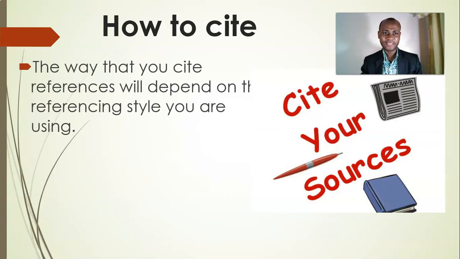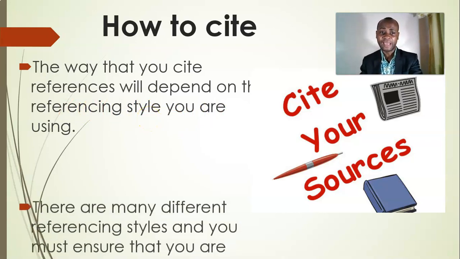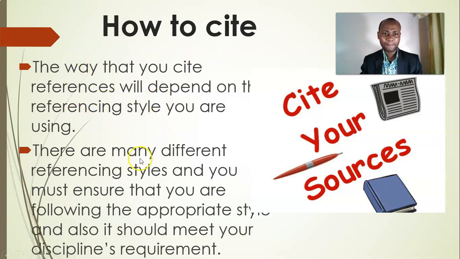So how to cite? The way that you cite references depends on the reference style you are using. There are many different reference styles, and you must ensure that you are following the appropriate style, and also it should meet your discipline's requirement.